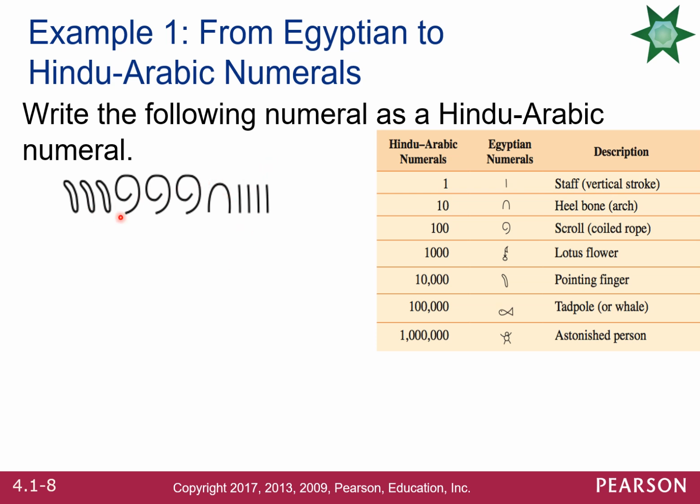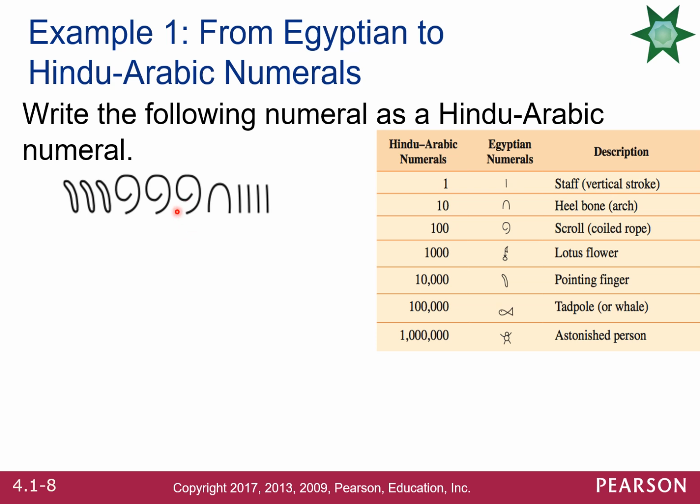So what we see here are, first of all, let's move from the right to the left side. All right. So we see 4 straight lines which represent staffs or vertical strokes. Then we have a downturned U which represents the heel bone, and that corresponds to the number 10 in the Hindu-Arabic numeral system.